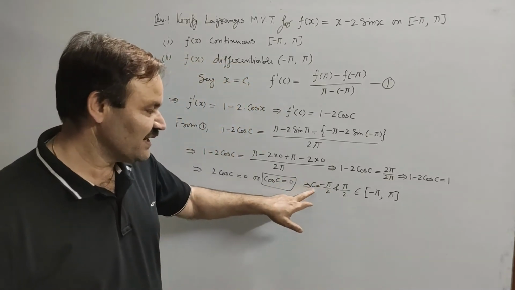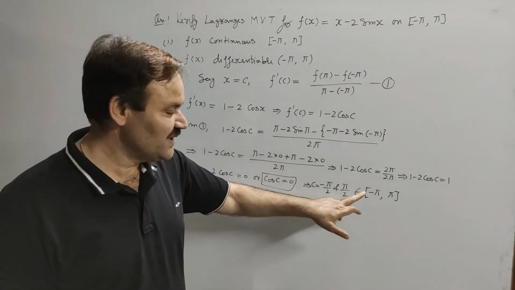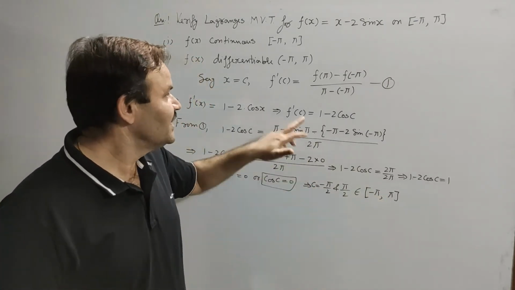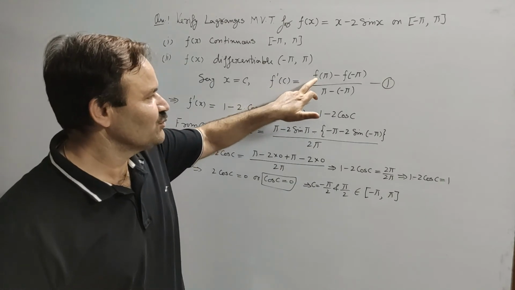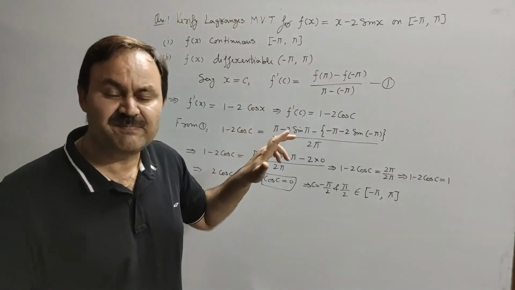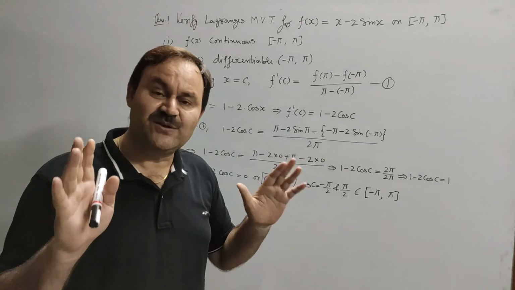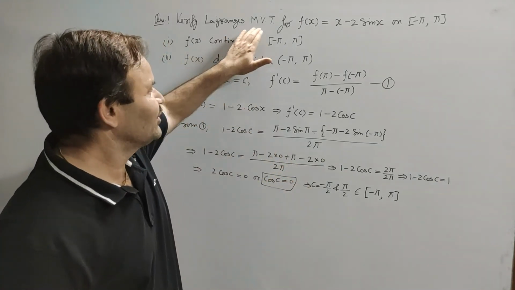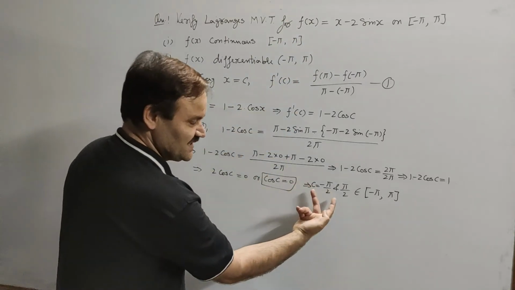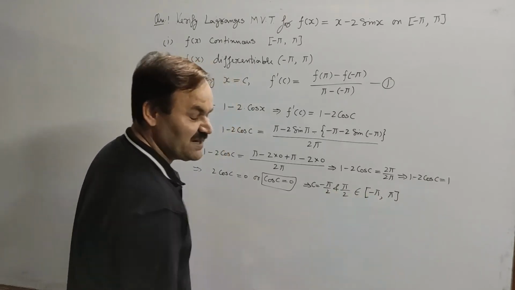So there always lies at least one point between minus pi and pi for which f dash c will be equal to f pi minus f minus pi upon pi minus minus pi. It means Lagrange's mean value theorem is verified for the function f x, because c, that is minus pi by 2 and pi by 2, are lying between minus pi and pi.